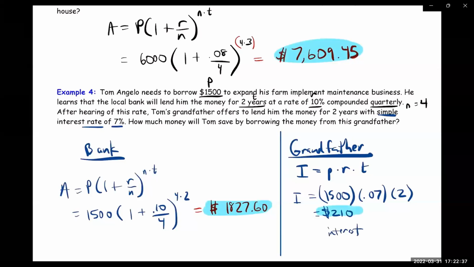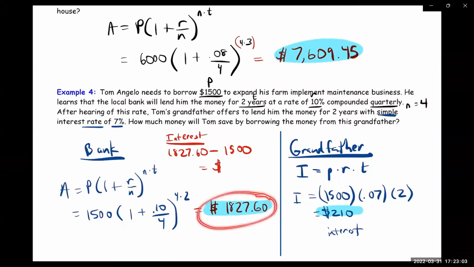And how much did we say this interest was going to turn out to be? If you subtract the final amount minus the principal amount that he borrowed, that's going to give you the interest.